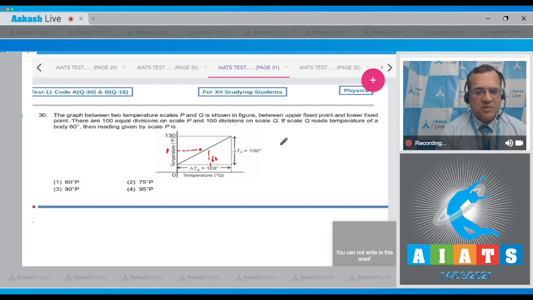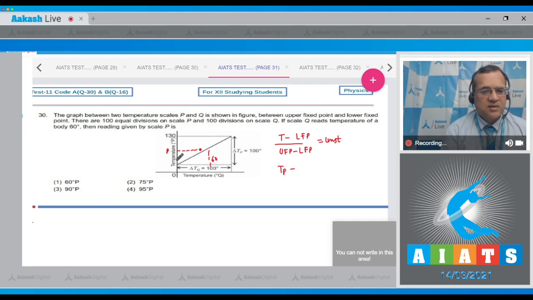Now the general concept is that the temperature minus the lower fixed point divided by upper fixed point minus lower fixed point is equal to a constant, right? Upper minus lower in both cases is 100 given, and the temperature P minus the lower fixed point of P, this is 130, so this should be 30.